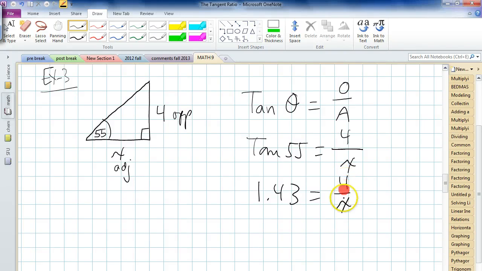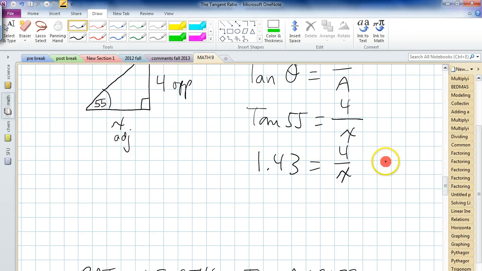How do you solve for x when x is in the denominator? One thing you could do is flip both, make this x over 4, and make that 1 over 1.43. Let me explain something to you, something called cross multiplying, which we actually did above as well, without even knowing it.